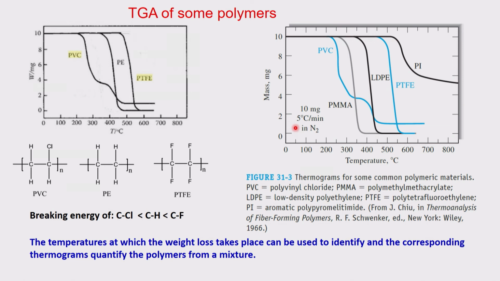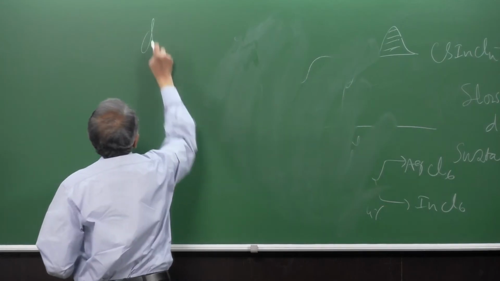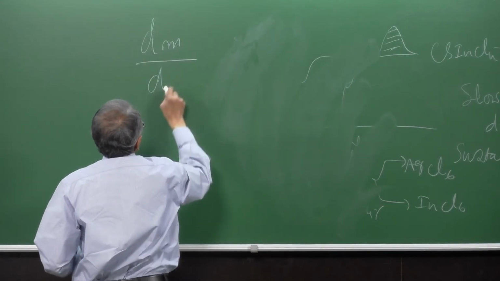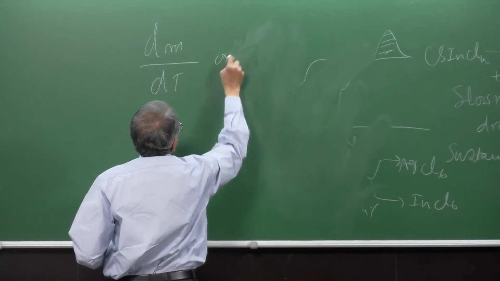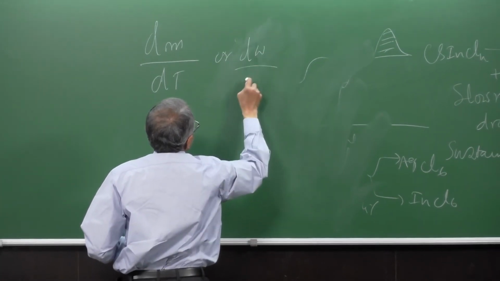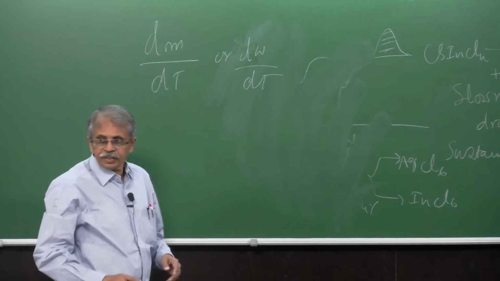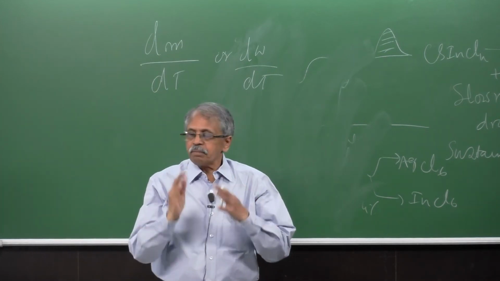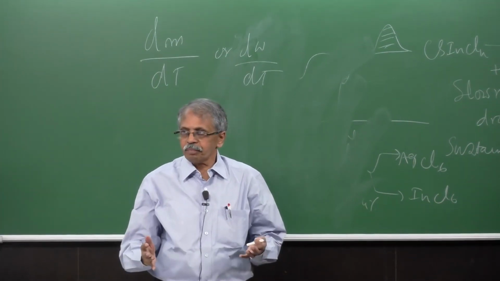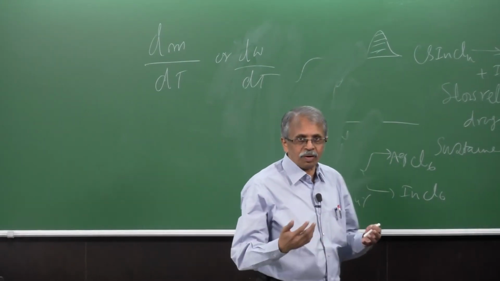So, the dW by dt values differ for each of these. Using that comparison you can tell what the polymer is, whether it is pure or not pure.